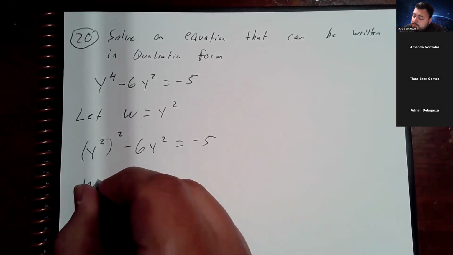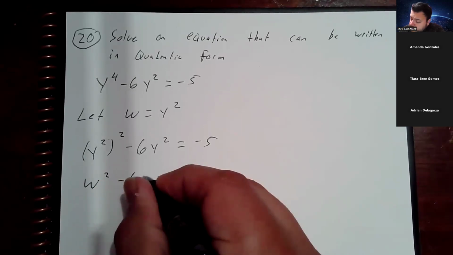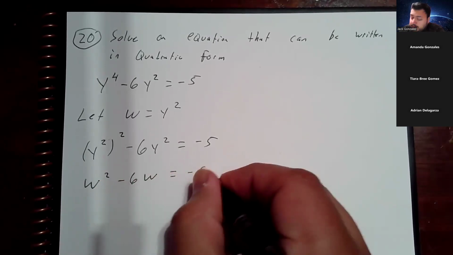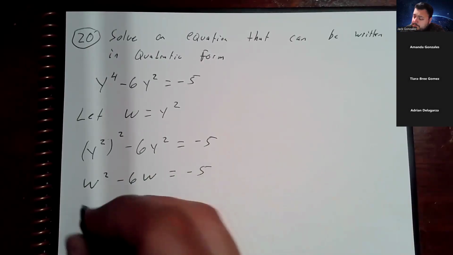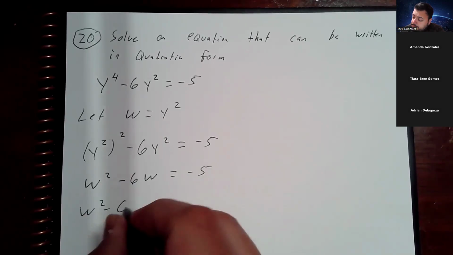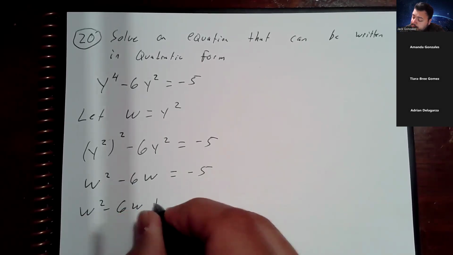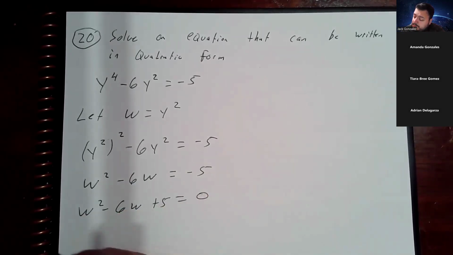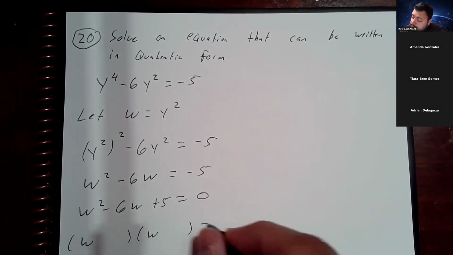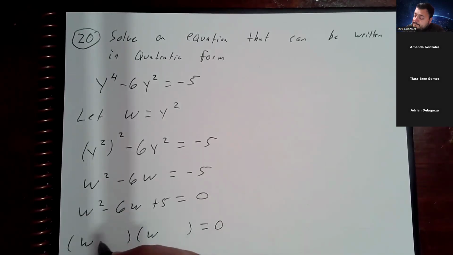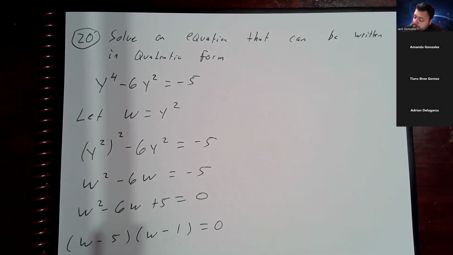So this becomes w squared minus 6w. So now we have a basic quadratic. Set it to 0 by adding the 5 on both sides. Factor this new dummy variable w. And that's it.